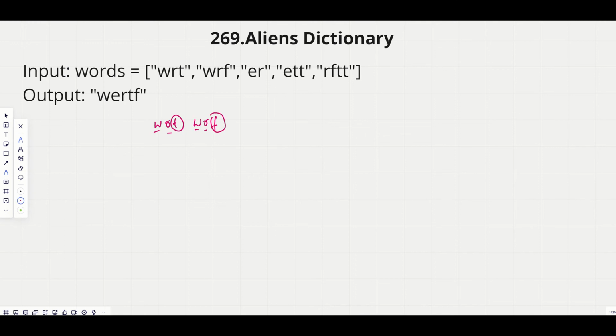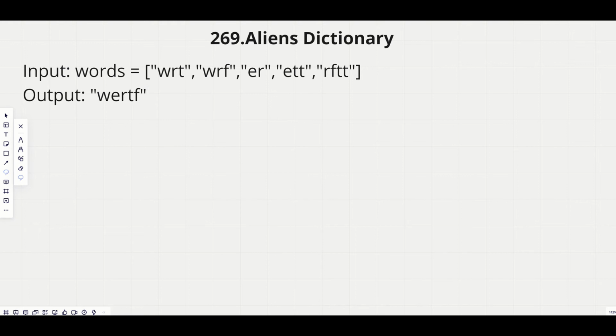And if T is before F in the dictionary, then we say WRT occurs before WRF. So this is the information we can get from this given set of words.